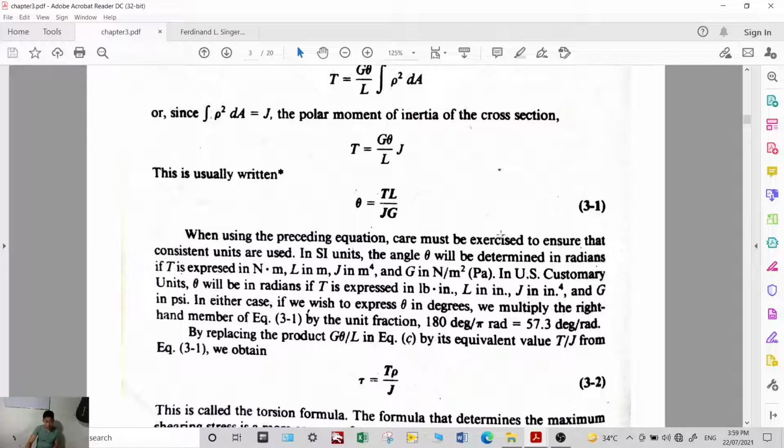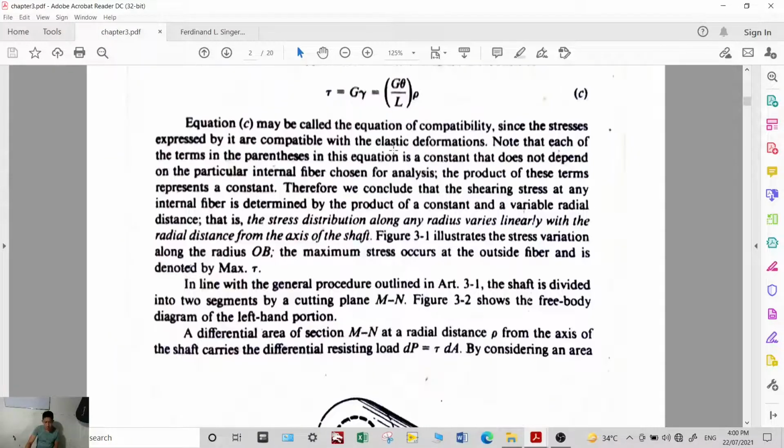Therefore, by replacing the product, kaninga product, G theta over L, in equation C, kung atong ibalik ang equation C dire, di ba? The G theta over L is naman na dire.